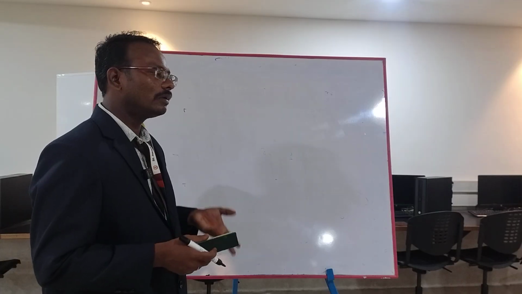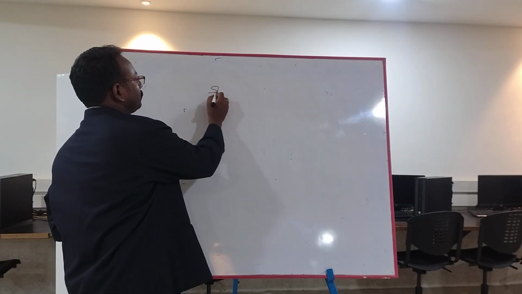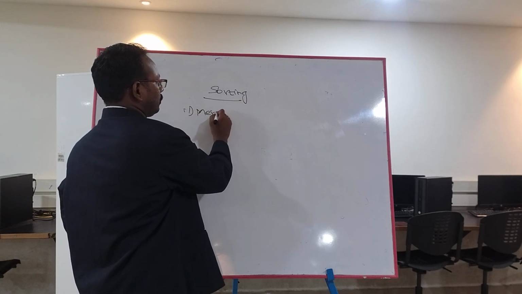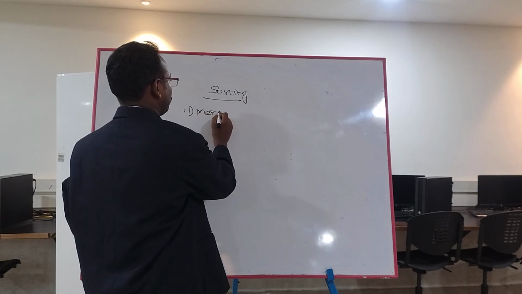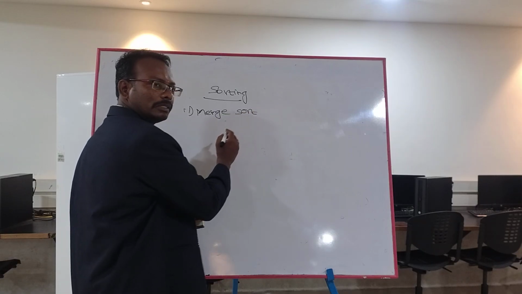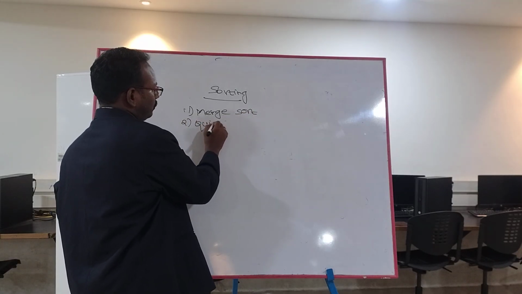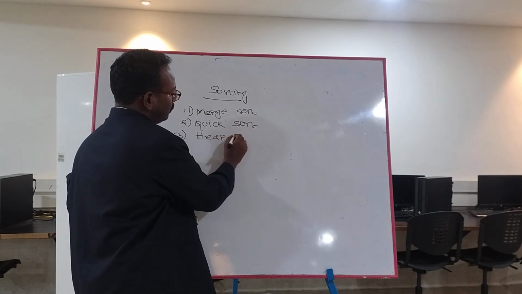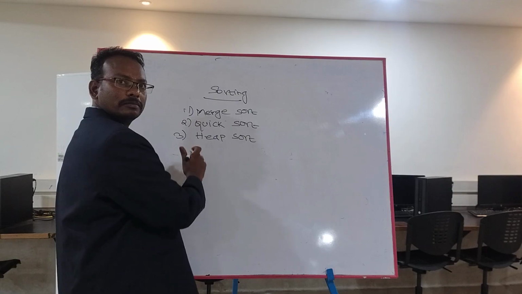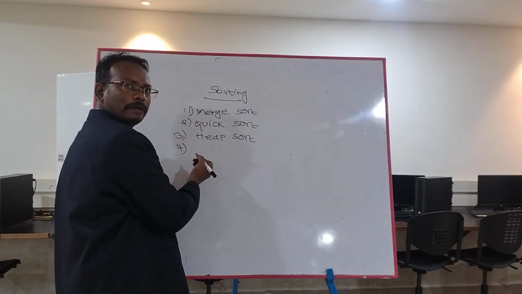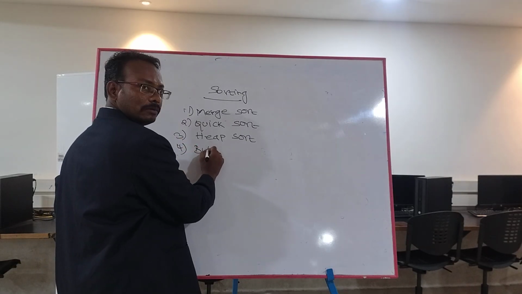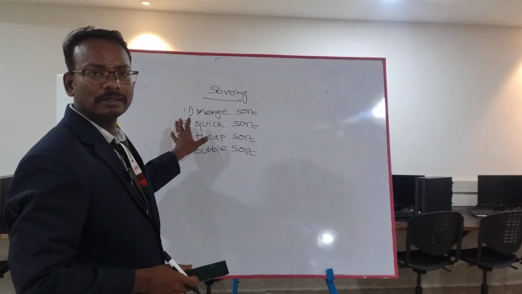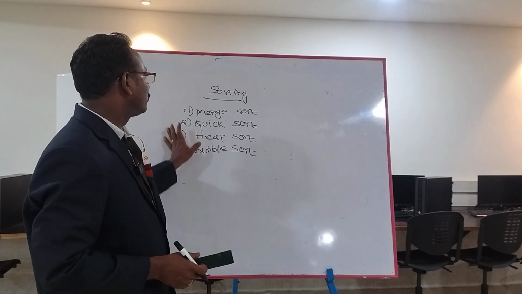There are n number of sorting methods available: merge sort, quick sort, heap sort, bubble sort. Like that, n number of sorts are available for arranging the elements in ascending or descending order.